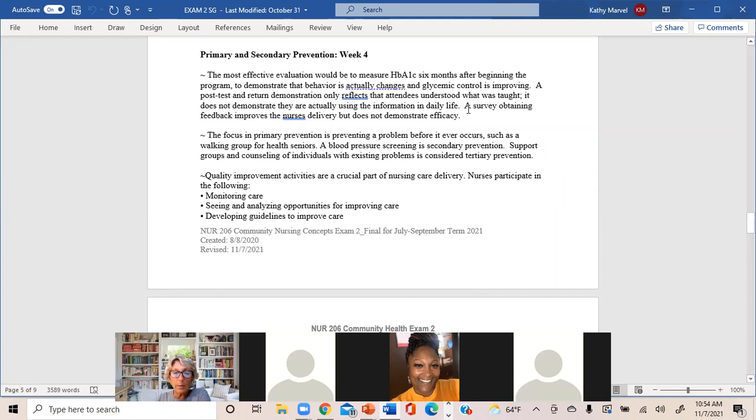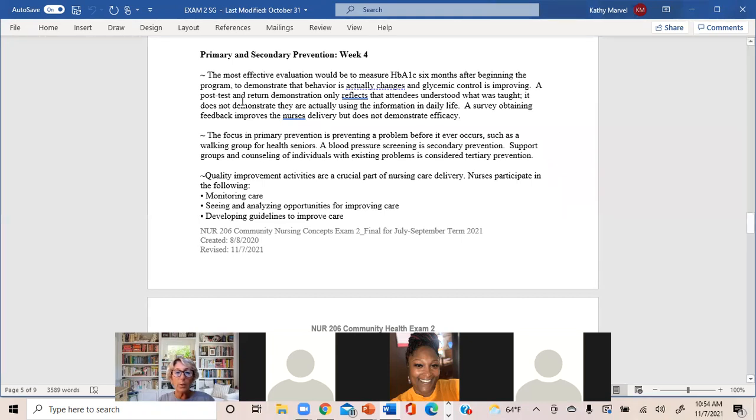This isn't primary, this is secondary, because you have done early intervention. This is just giving you an example of secondary. So you have identified who's at risk. You have made some changes into how we're going to measure the A1C. And then 6 months later, we're going to actually check it to see if the changes are improving.